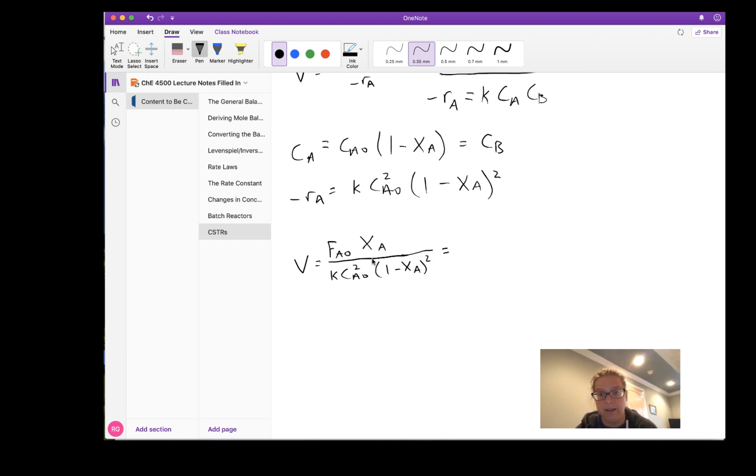And again, I don't have this value for Fa naught, so I'm going to write it as script V times Ca naught times Xa, all over k Ca naught squared (1 minus Xa) squared. And then I can further reduce this into script V times Xa divided by k Ca naught (1 minus Xa) squared.